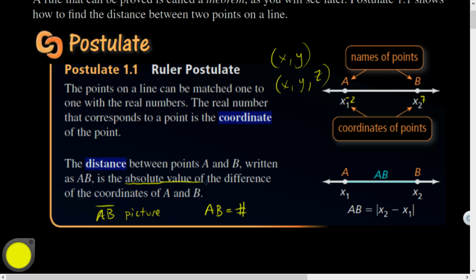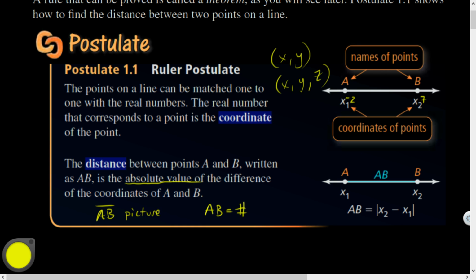And the distance is the absolute value. Could someone describe for me what absolute value is? It's the distance a point is from 0. And a fact about absolute value is that it can't be a negative number. Yes, true. And we are going to describe distance as always being positive. In fact, the Greeks' view of mathematics was largely through the window of geometry, and when they talked about distance, they always thought about things as being positive.